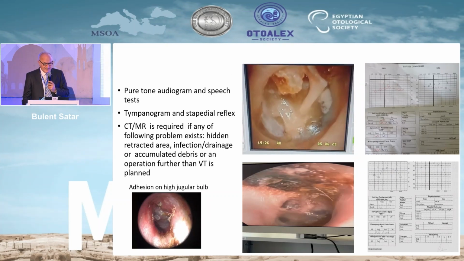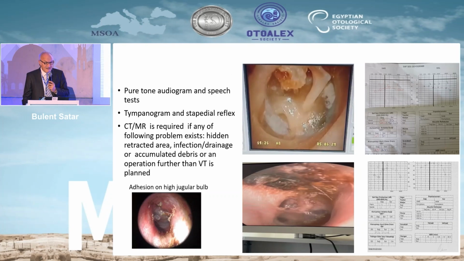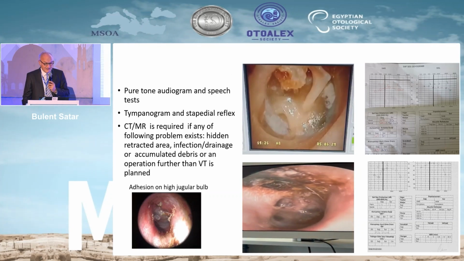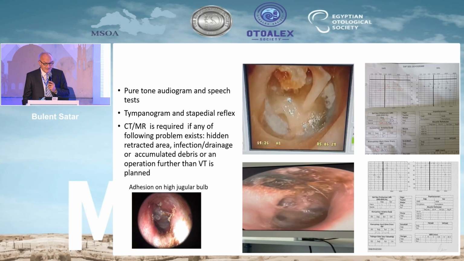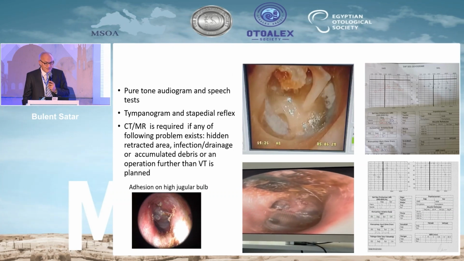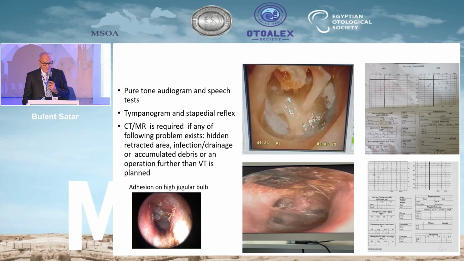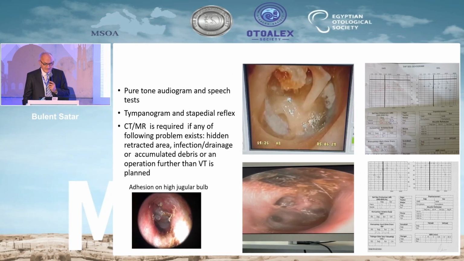For example, if there is a hidden retracted area, a history of infection or drainage or accumulated debris, or an operation further than ventilation tube is planned, we need imaging.